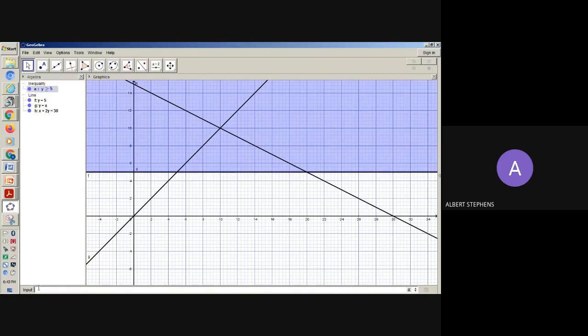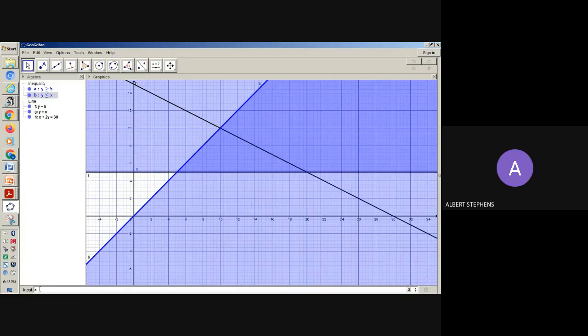And we have y less than or equal to x. All right. And then we have x plus 2y less than or equal to 30. All right.